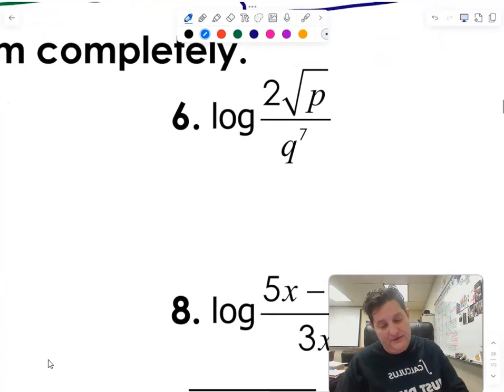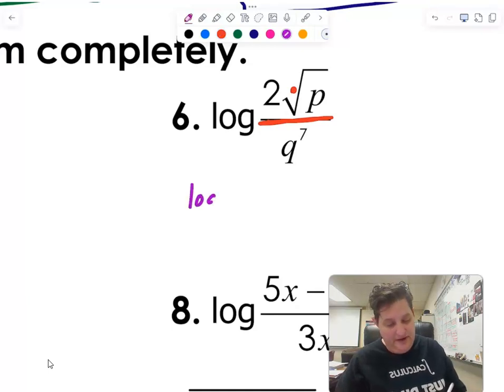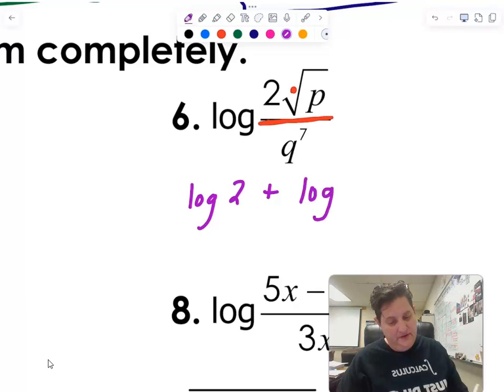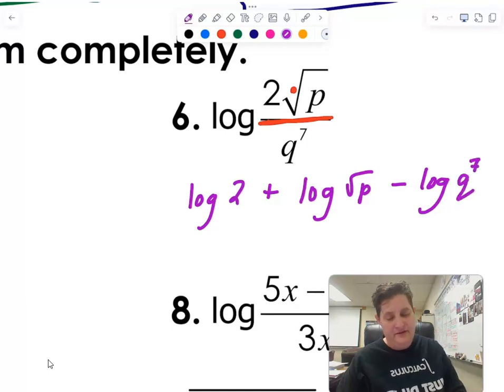The next one, this is a great question because I have a multiply and a divide. When I separate it out, it's log 2 plus log square root p minus log q to the 7th.